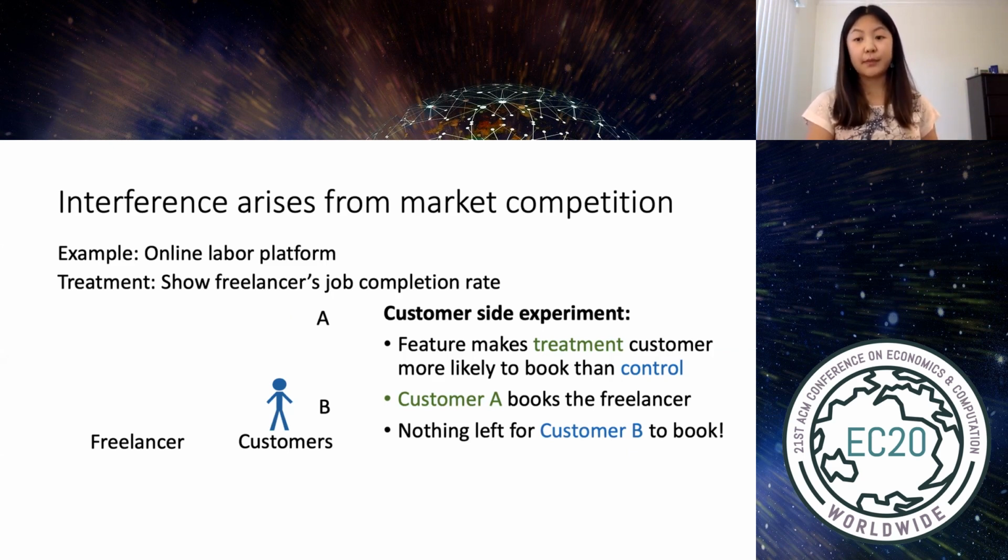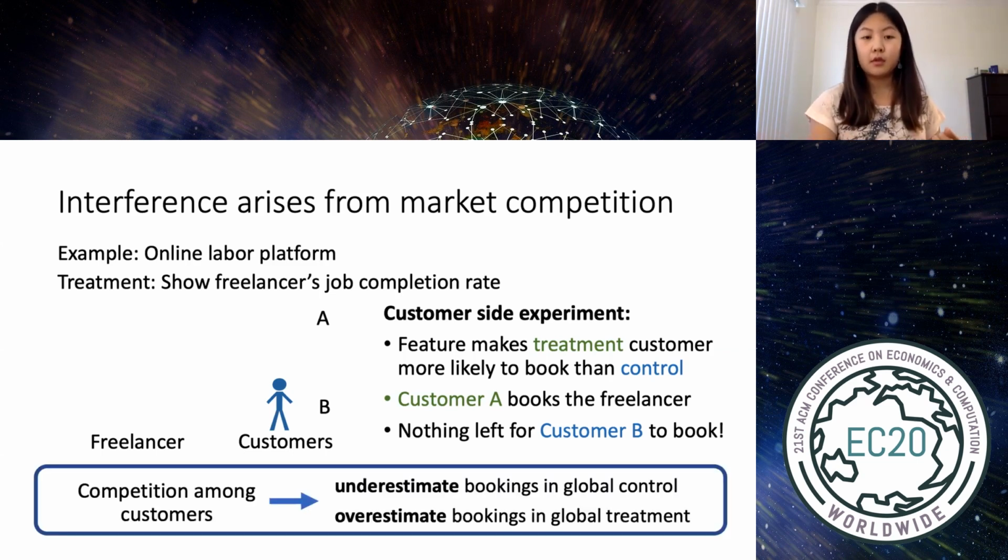Even if customer B would have booked otherwise, just by making this freelancer more attractive to customer A, you're decreasing the probability customer B will be able to book. Then because of this competition, you'll be underestimating the bookings in global control, overestimating the bookings in global treatment, and this leads to a biased estimate of the global treatment effect.